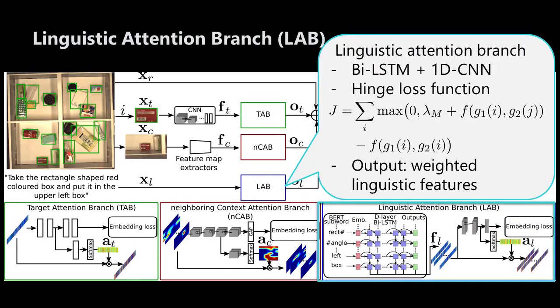Lastly, in the linguistic attention branch, the sentence is tokenized into subwords and embedded by using BERT. The subword vectors are processed by a bi-LSTM followed by one-dimensional convolutional layers. This branch emphasizes the linguistic features that are related to the target.